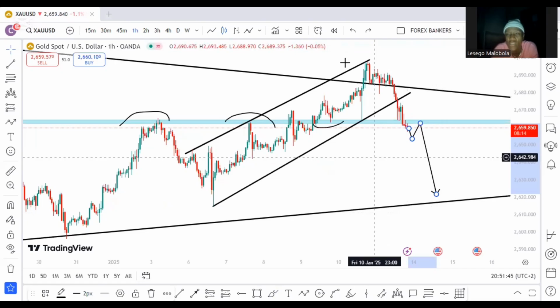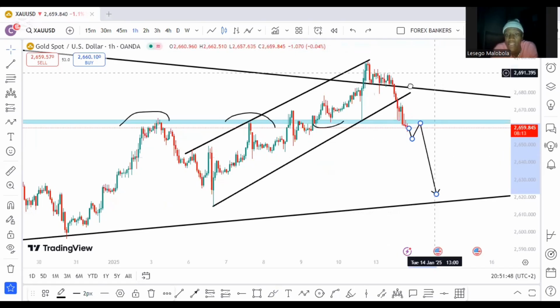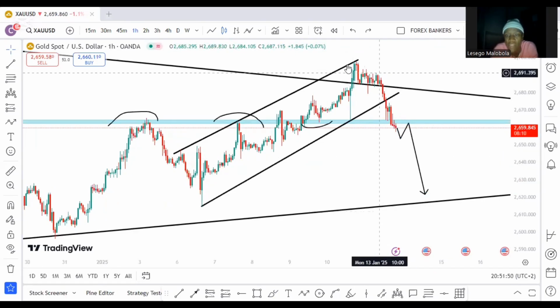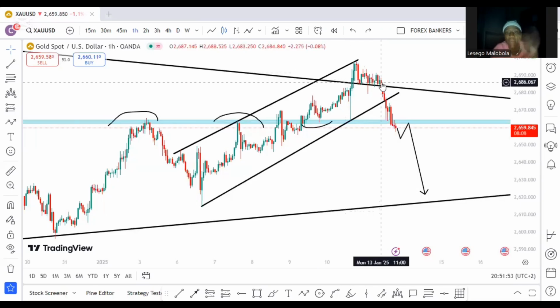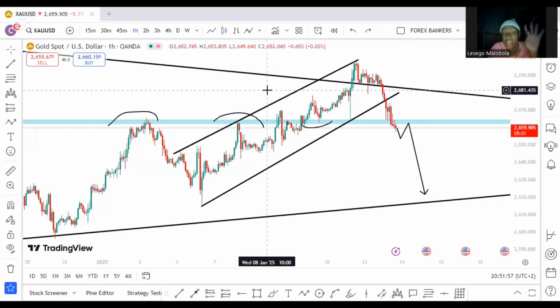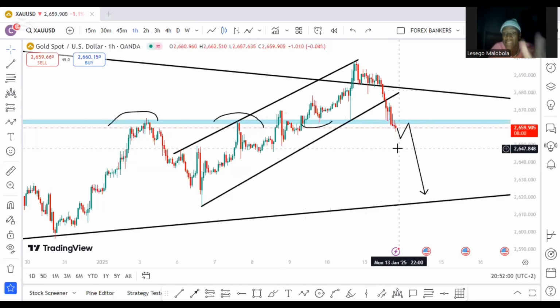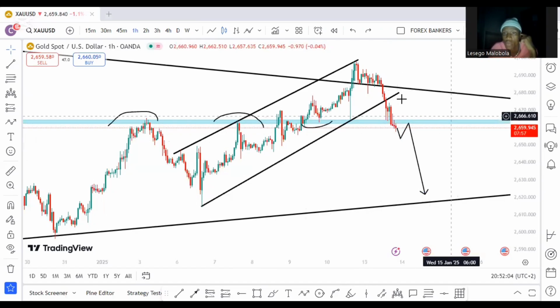So this was just a fake out, like I was saying from the daily time frame. But I will discuss that in the 4th episode of backtesting my Forex trading strategy, which I will be recording tomorrow.